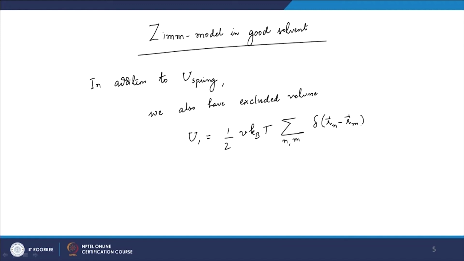And then again we will solve the equation that we have got in the theta solvent case, except that again the zeta_p values will be different for the good solvent case.